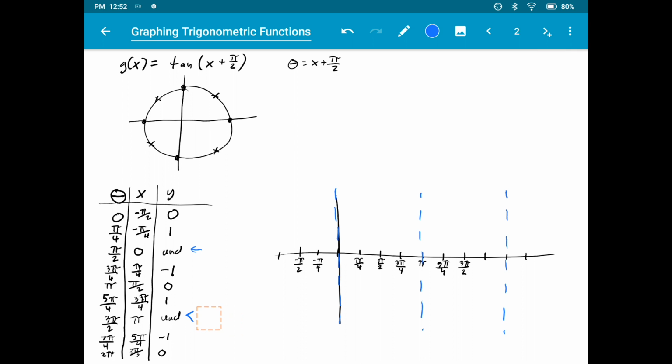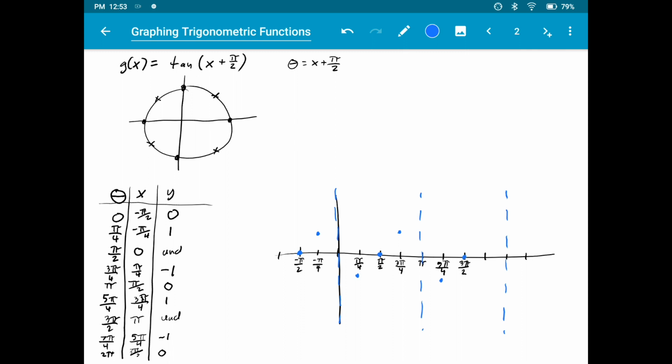So we're going to go from this point, and now we're going to plot the other points. So at negative pi over 2, we get 0. At negative pi over 4, we get 1. At pi over 4, we get negative 1. At pi over 2, we get 0. At pi over 4, we get 1. At 5 pi over 4, we get negative 1.